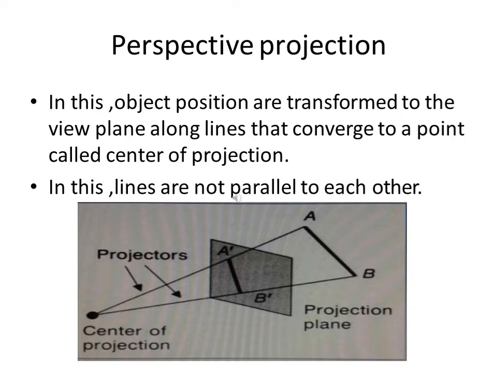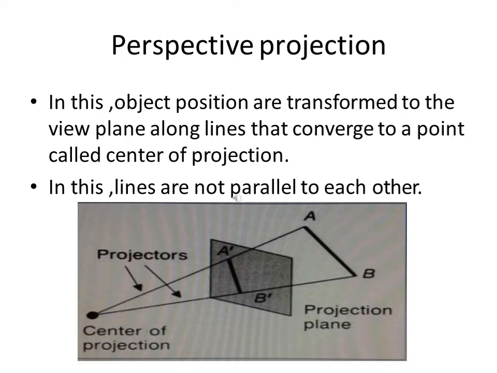These lines are not parallel to each other. The projections of A and B are A dash and B dash, and A dash and B dash meet each other at the center of projection, and so it is called the perspective projection.